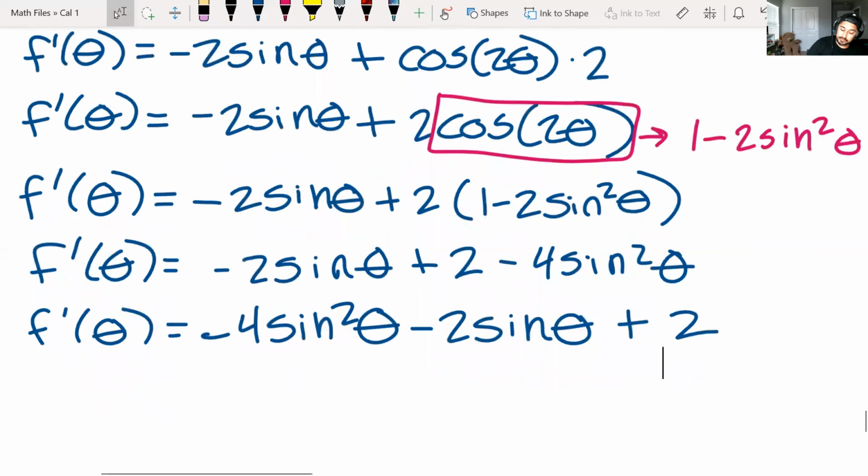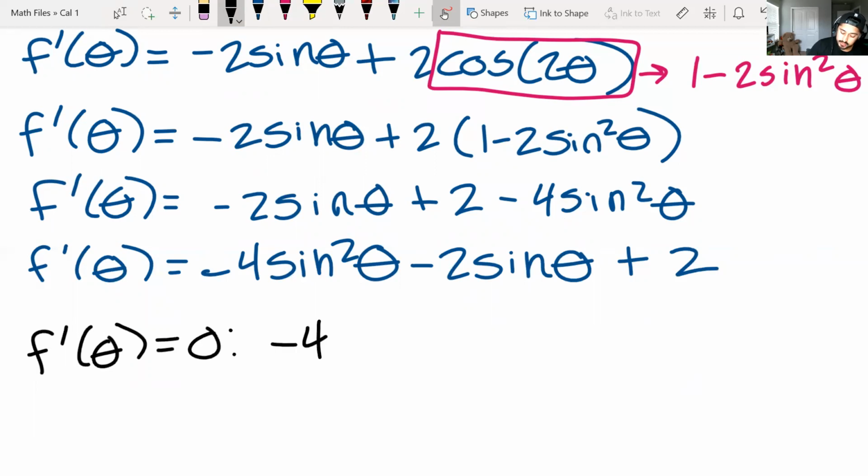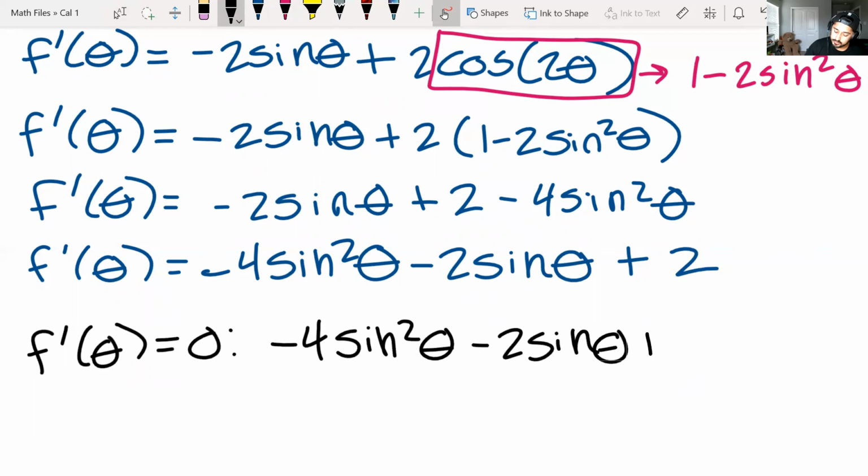And now let's set it equal to 0. F prime theta equal to 0. Negative 4 sine squared theta minus 2 sine theta plus 2 equal to 0.